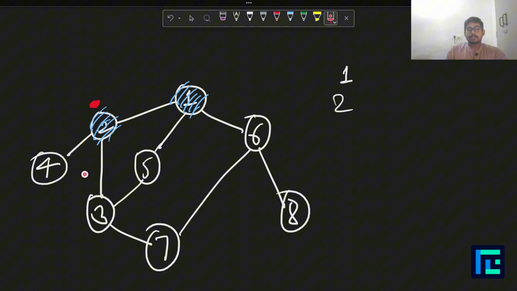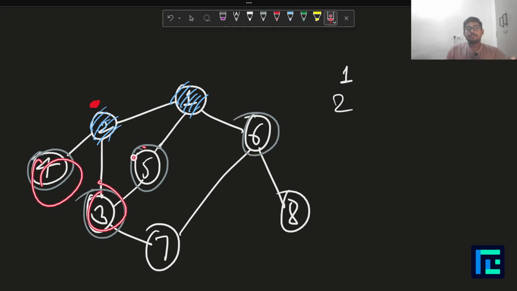So all these four values, those adjacent to 2 and those adjacent to 1, are your next available options. Among them, which is the smallest one? 3 is the smallest. So you would pick 3 using the greedy approach, and you would move to this 3.